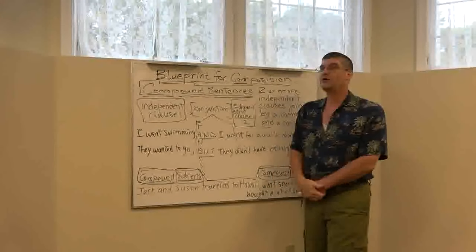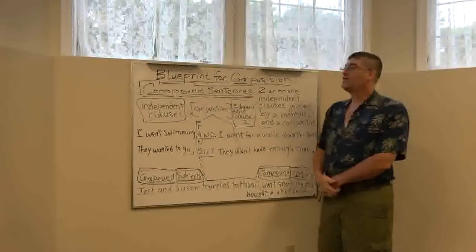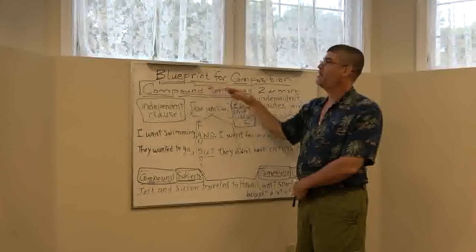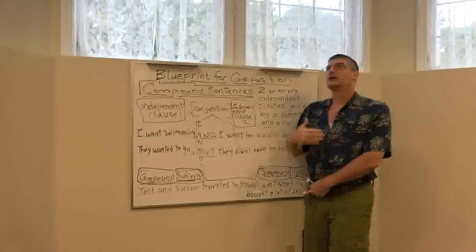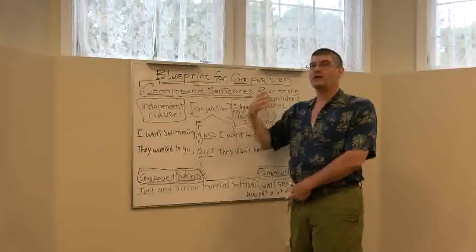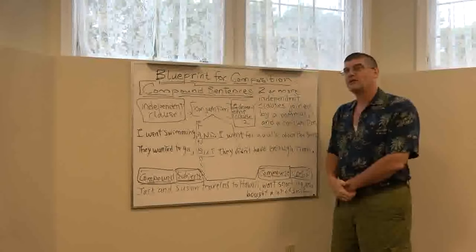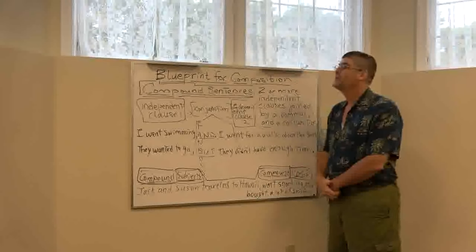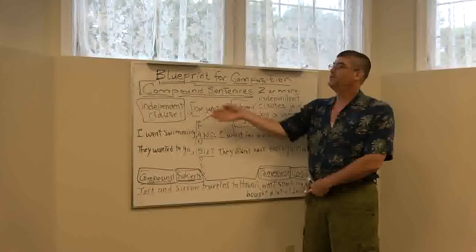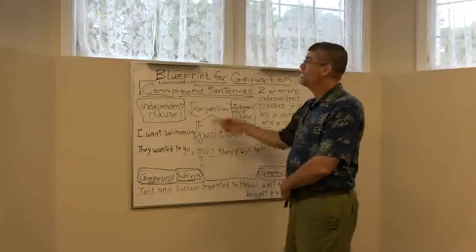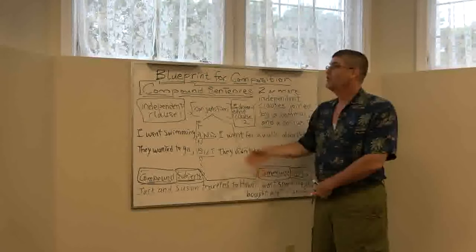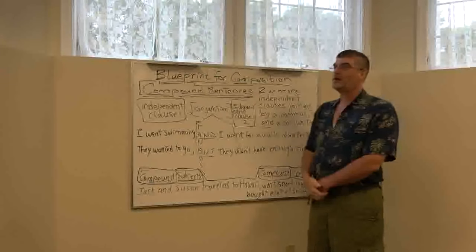So we're going to build off that today, and we're going to focus on things known as compound sentences. So each video of this series is going to be designed to build off and expand on things that we cover in previous installments. So today we're going to build off the ideas contained in the last episode and talk about compound sentences. So let's look at the definition of what a compound sentence is.